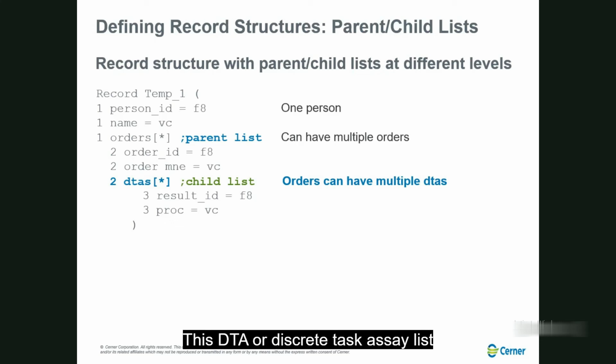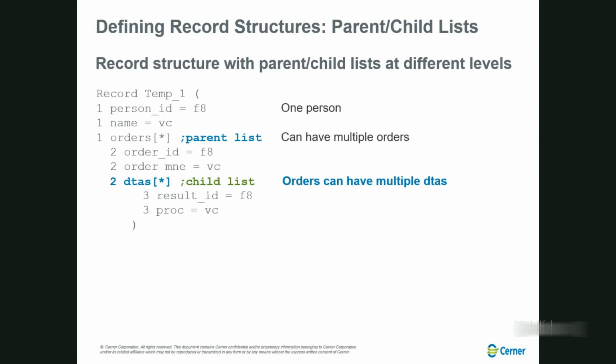This DTA, or discrete task assay list, is a child list associated to the specific order. With this list defined, each order can have their own list of procedures. We don't know how many procedures each order has, so an asterisk is used in the square brackets.